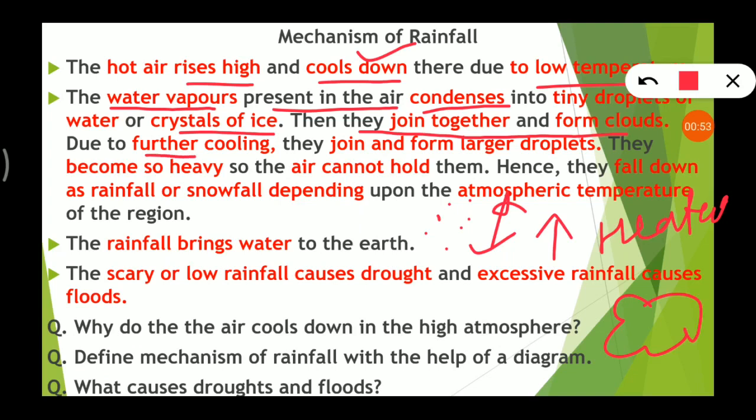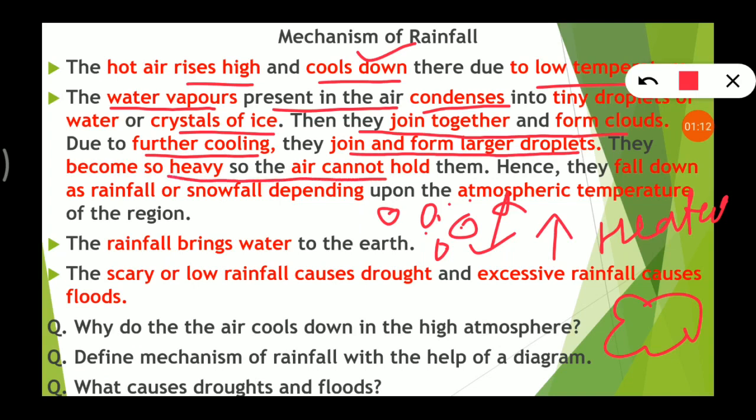Then after there is further cooling, and those tiny drops join together and form larger droplets, or larger crystals of ice. They become heavy now.